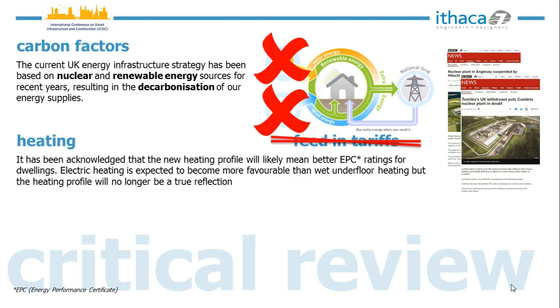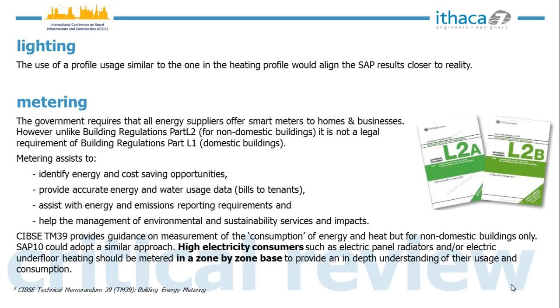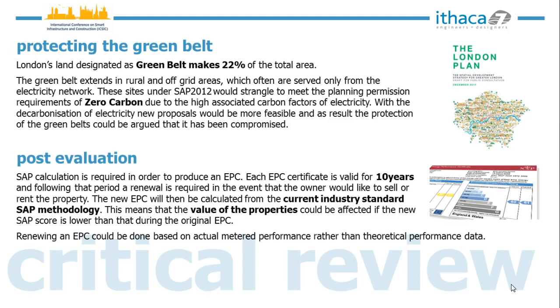The heating, again, will change on the EPC ratings, because underfloor heating, if it's wet, has different characteristics than electric. Lighting, metering. We believe that metering could be reduced. Metering is important. It helps with post-evaluation, especially if you have electric heaters. We should have zone-by-zone systems.